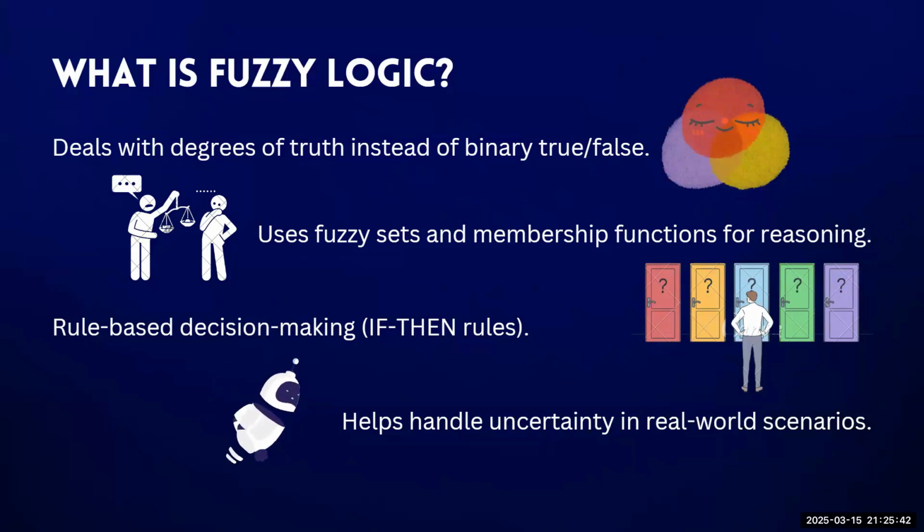So when we use fuzzy logic, it lets us deal with partial truths, by using fuzzy sets, membership functions and rules to make our decisions. What I mean by that is when we take conventional logic or the probability theory that we usually use, those things work with absolute values like 0 and 1.